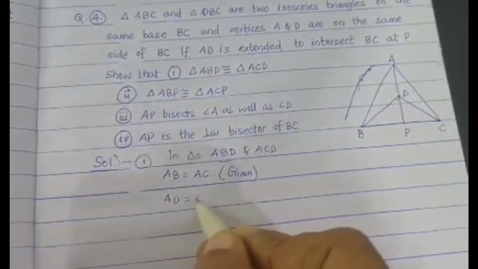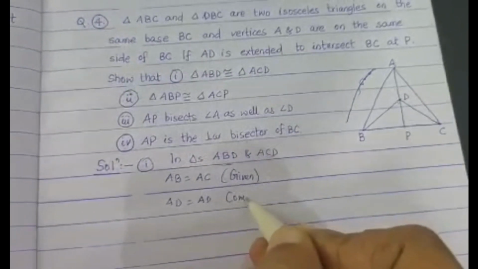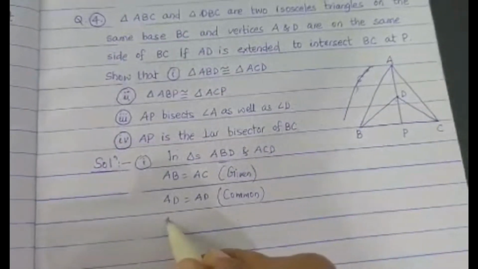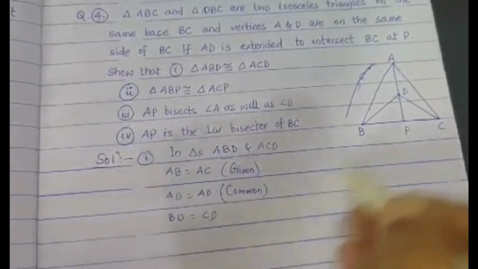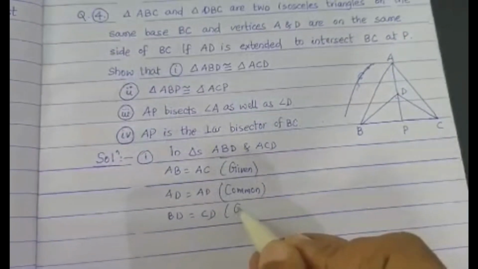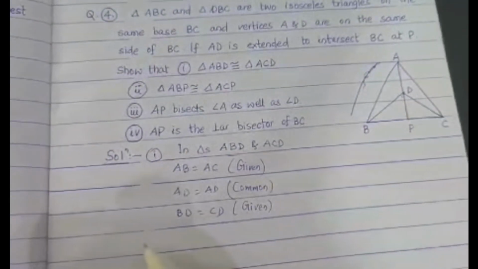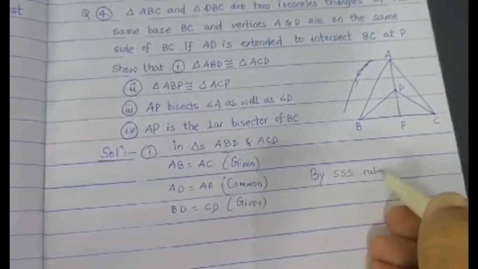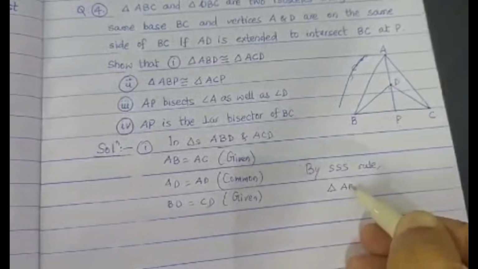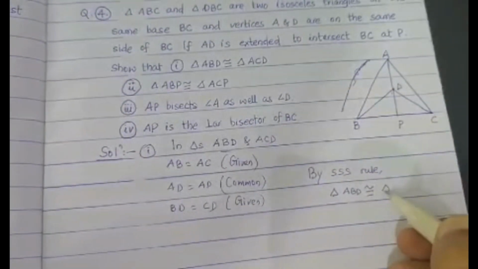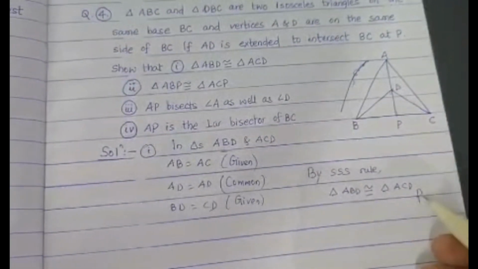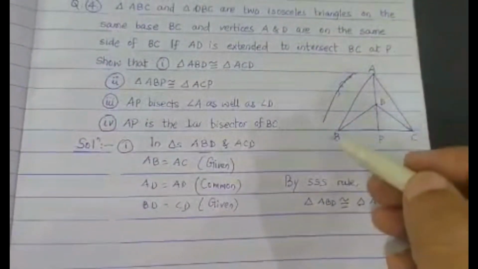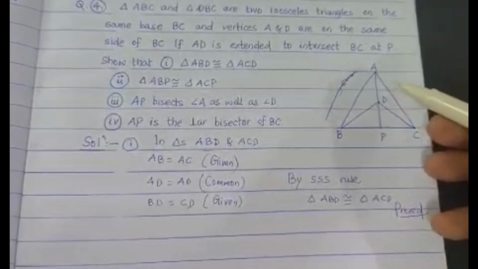AD is equal to AD. Third one, BD equal to CD, because this is also an isosceles triangle. It is given. So basically, by SSS rule, we can say that triangle ABD is congruent to triangle ACD. First one is proved.